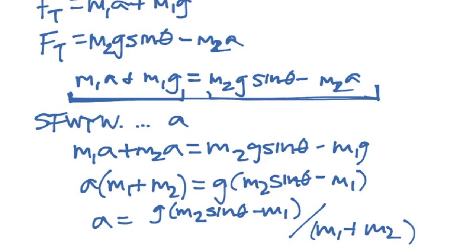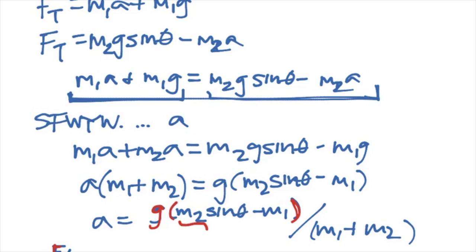Let's notice a couple of things. One is that we're used to acceleration being F over m. Now notice that the numerator here, g times this quantity, that's the stuff that's going to move the system. That's the force.